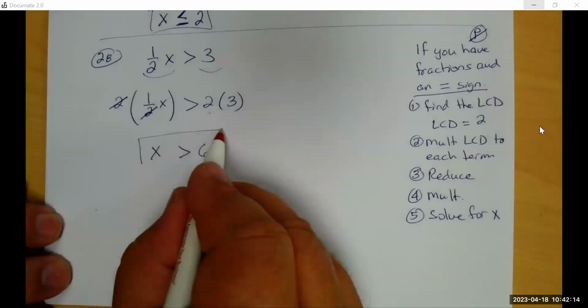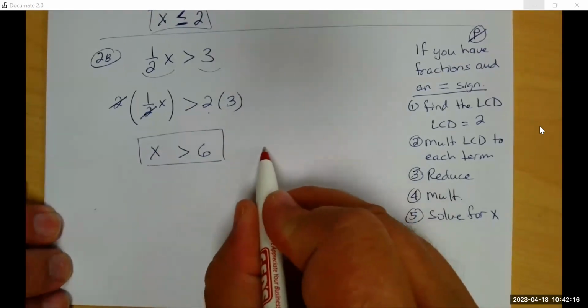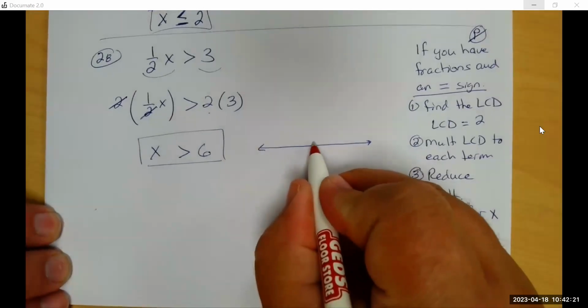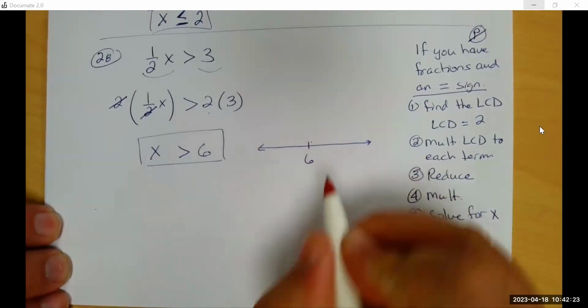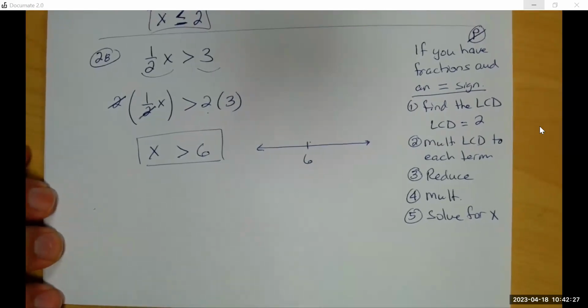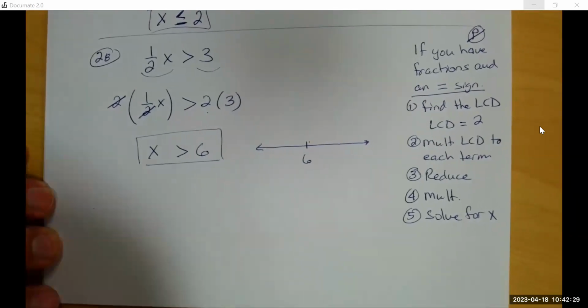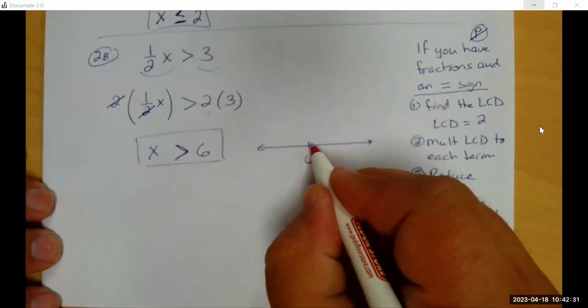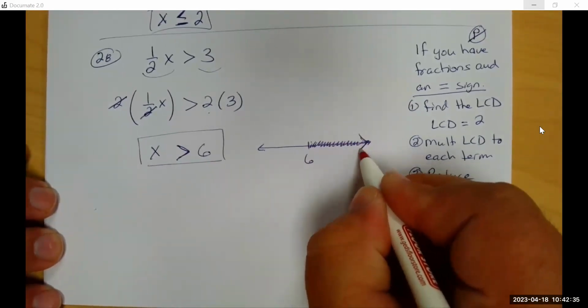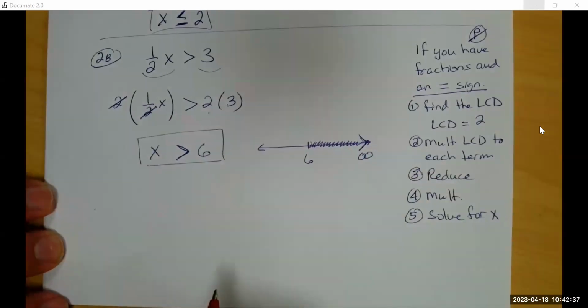So this is one of the answers. Put this in graphical form. Which direction does the line go? Yeah, since it's pointing to the right, we go from the right, from 6, all the way to infinity.